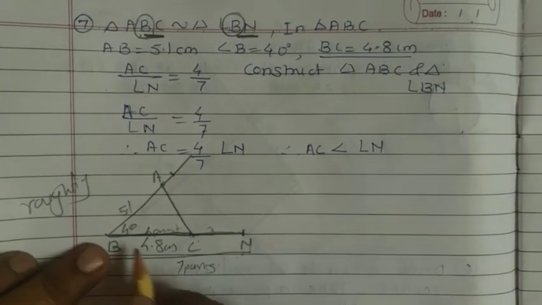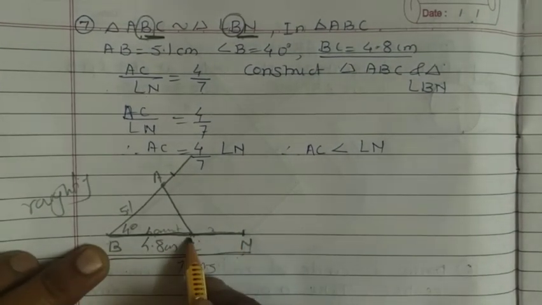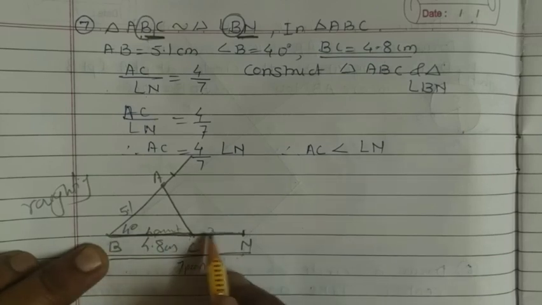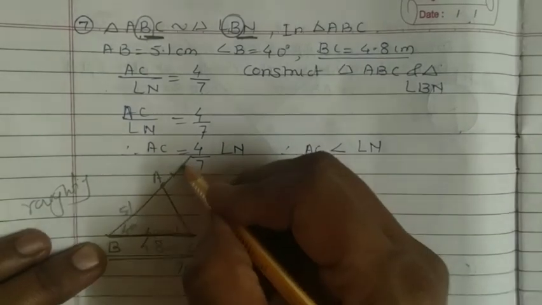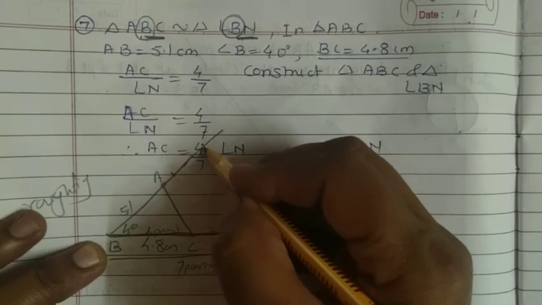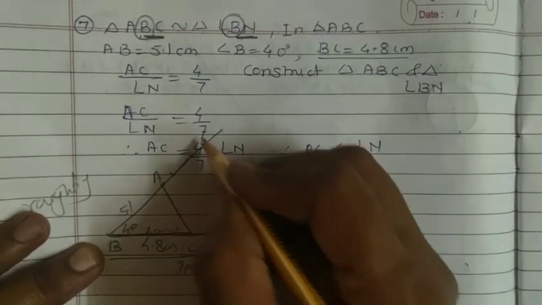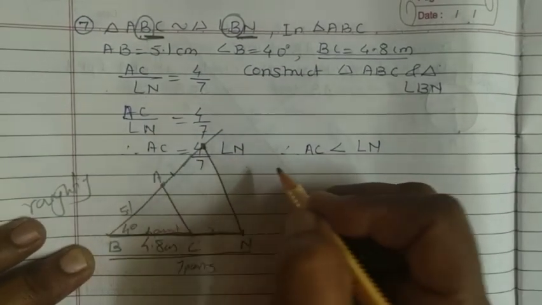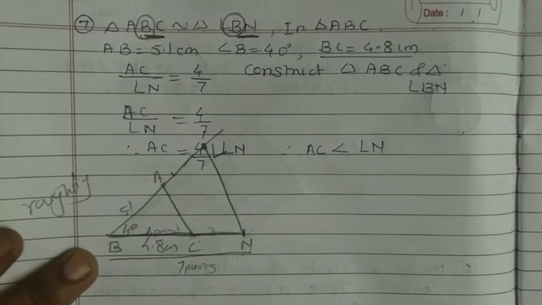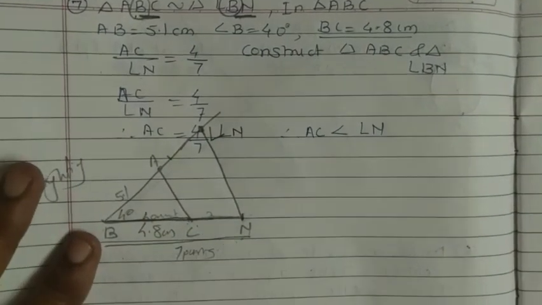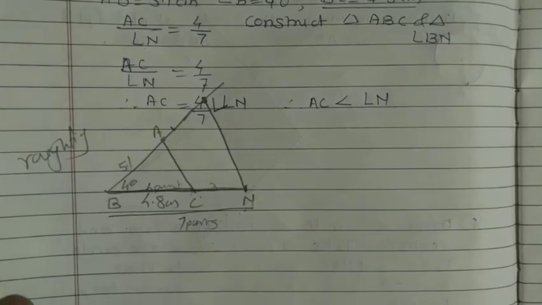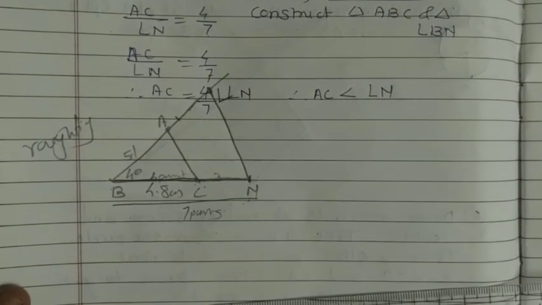Here we have to divide BN as BC 4 and CN 3 parts. Then after this we draw a point by constructing, and that point will be L here. Now using this rough figure we are drawing the fair figure, the final figure.